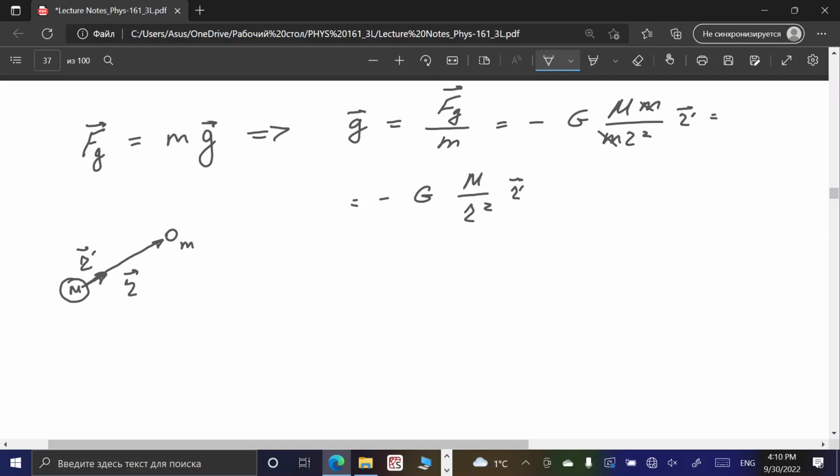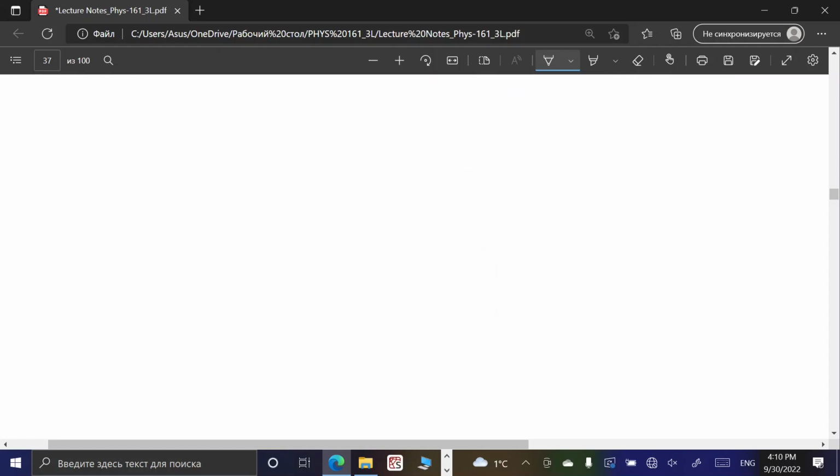So let us try to calculate what will be change of potential energy if certain object moves from initial to some final position. So let us consider again this.